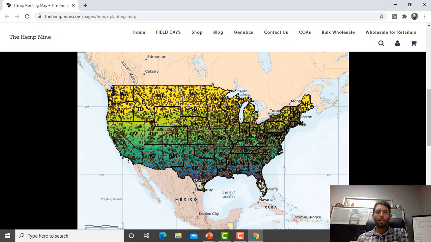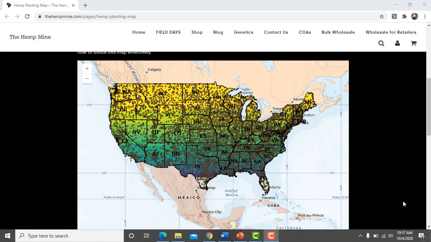So with this said, there are key environmental factors that you should think about when determining when to plant at your location. And these are your frost potential, the date at these different frost potentials, and the day length.